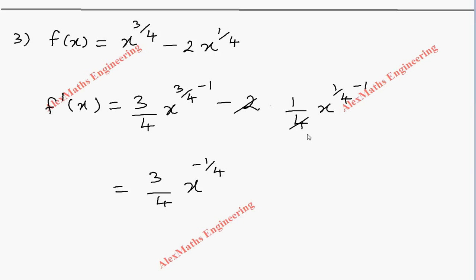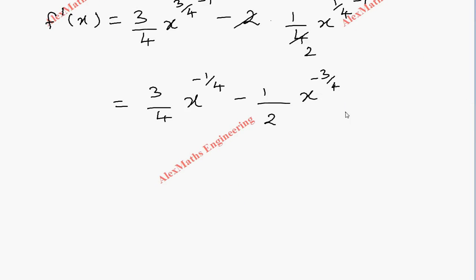We can cancel these two. So minus 1 by 2 x power, by simplifying this we get minus 3 by 4. Then let's carry both the terms to the denominator. So x power 1 by 4 minus 1 by 2 x power 3 by 4.